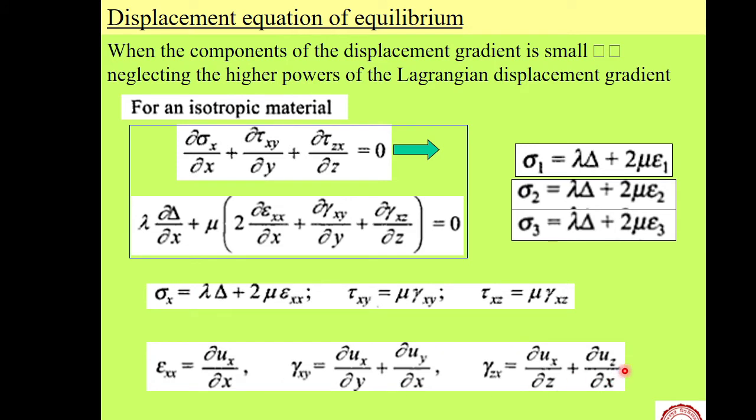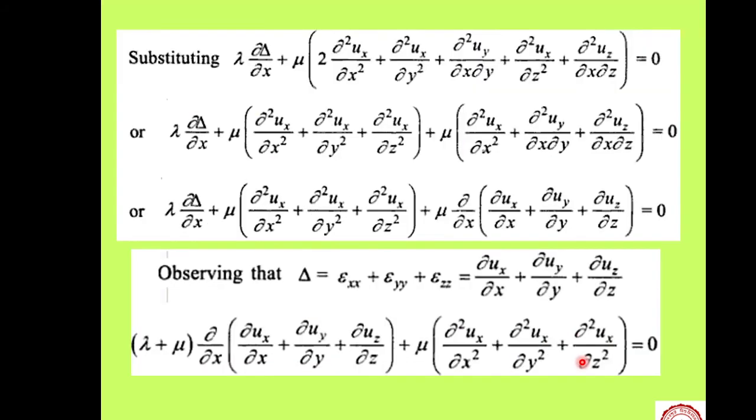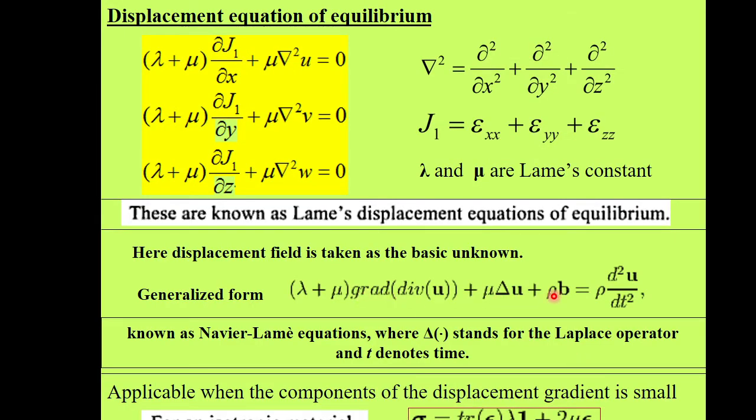Previously, in the strain displacement relation, we used Green strain and derived for Green strain, and for that relationship of strain and displacement, this form of equation is not valid. So this is applicable when the components of the displacement gradient are small. When they are not small, we have a nonlinear problem. That is known as a nonlinear geometric problem in such cases.